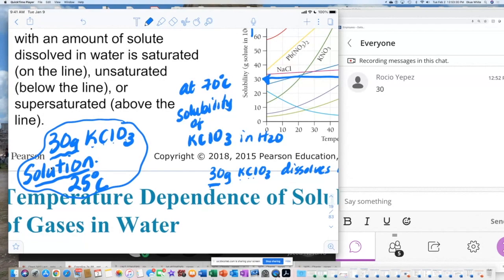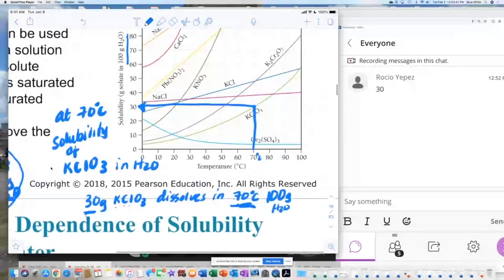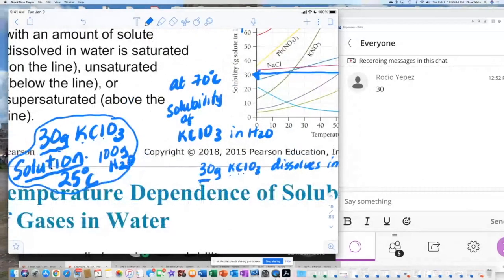I got 30 whole grams of KClO3 to dissolve in 100 grams of water. That's what they mean when we say solution, right? But the temperature of the water is not 70 degrees like we saw. The temperature of water is only 25 degrees. What name will you give to that solution? Is it unsaturated? Okay. Yeah, it's oversaturated, right?